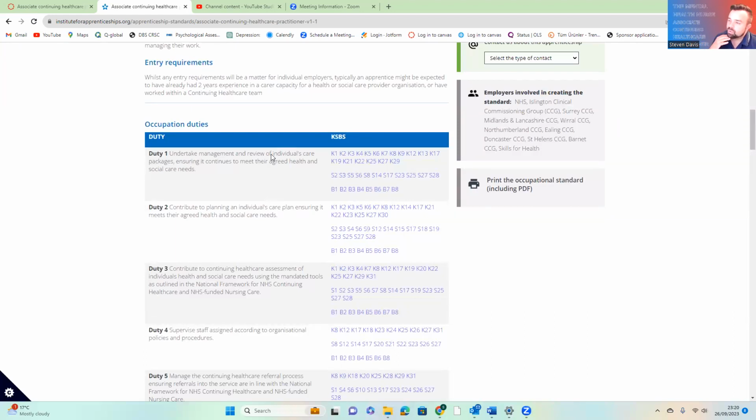So in duty 1, you're going to undertake, manage and review individual care packages, ensuring it continues to meet their agreed health and social care needs. Relatively straightforward here. You need to be able to assess somebody using evidence-based assessment tools, come up with the right nursing interventions or care interventions, and have a clear understanding about their physical health and mental health well-being, as well as working as a multidisciplinary team.